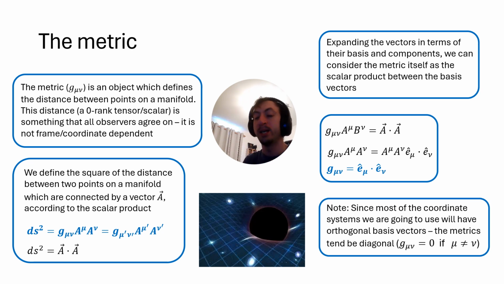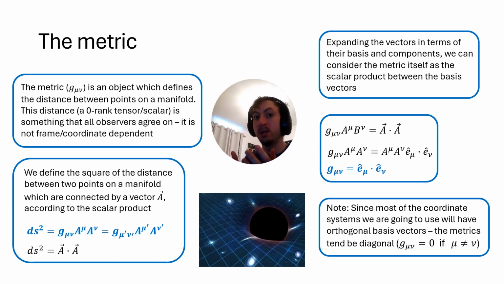For example, if we're looking at the metric of flat space in 3D Euclidean geometry, we know that we're using unit basis vectors that are orthogonal, so all the components along the diagonal for the metric describing 3D Euclidean flat space will have a value of 1 because we're dealing with unit basis vectors, and all the other components can be 0. The metrics we'll generally be looking at are diagonal, and can be represented as diagonal matrices.